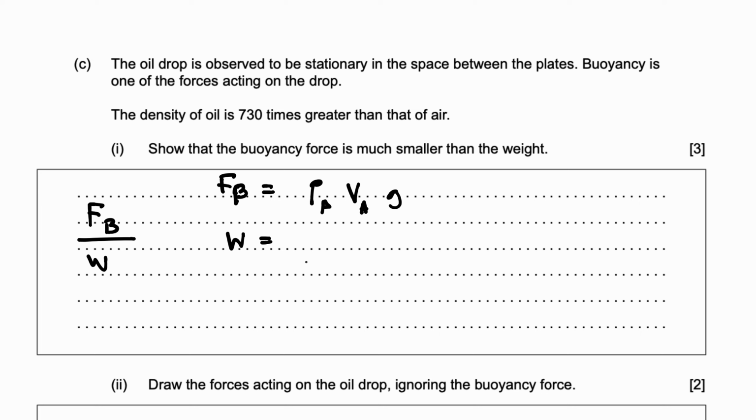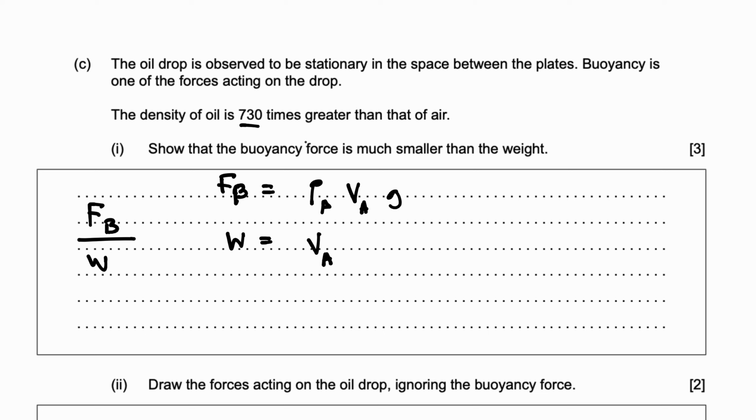So then we're left with the volume of the air displaced times the density of oil, and we know the density of oil is 730 times greater than that of air.